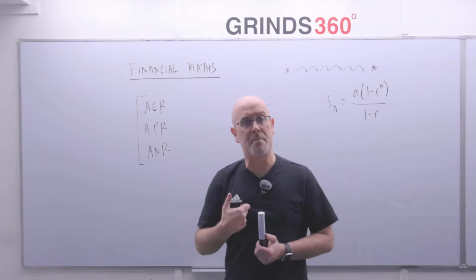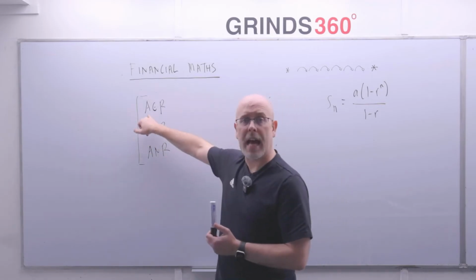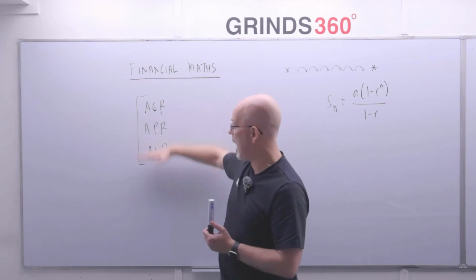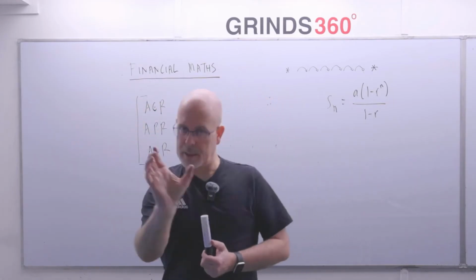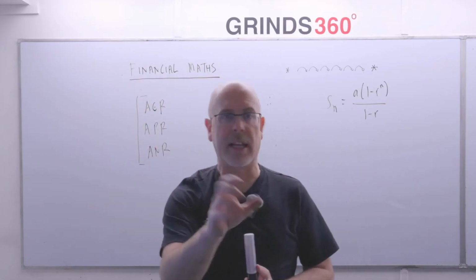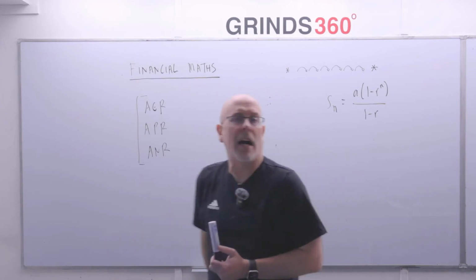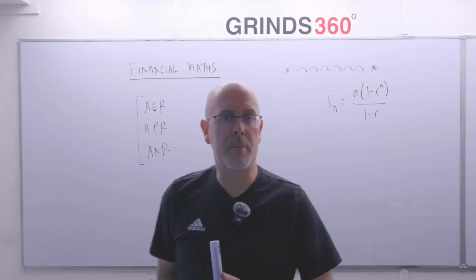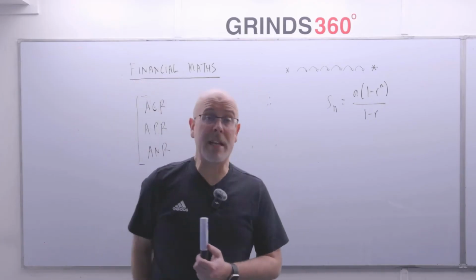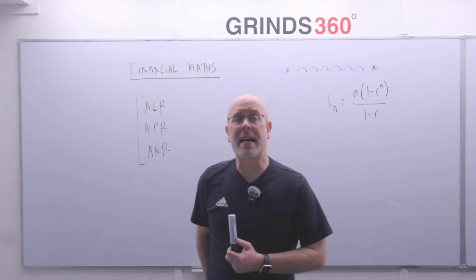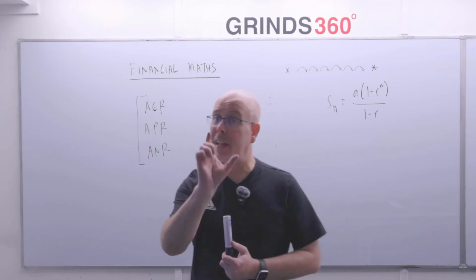All that matters to us mathematically is that A means annual. So when you see A, whatever the other letters, that means it's a yearly rate, an annual rate. That's all that matters. These are all yearly rates.